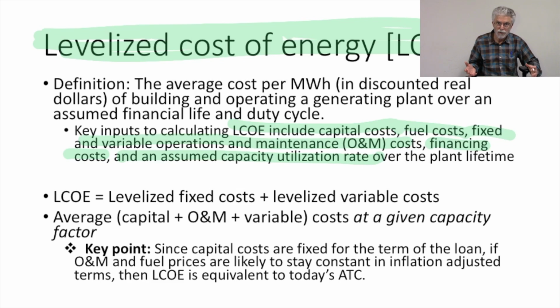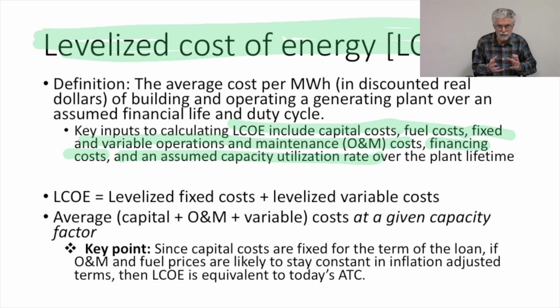So we need to know all those things over the course of a plant's lifetime. But when we're building a plant, we don't know those things for sure, but we have to make our best guess on many of these things. So we're going to make our guess about future fuel costs, about the operation and maintenance costs we're going to face for this plant. We have to make assumptions about what I think my average capacity factor is going to be over the life of the plant, and then what it's going to cost to build and finance the power plant.